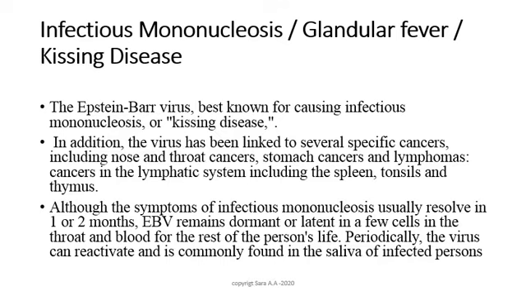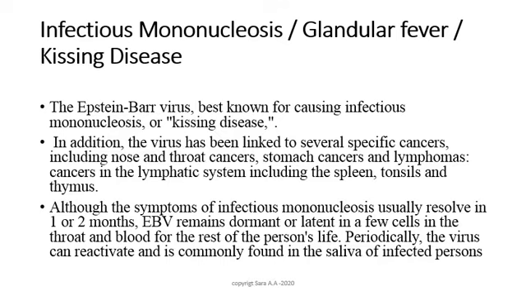The symptoms of infectious mononucleosis usually resolve in 1 or 2 months. Epstein-Barr virus remains dormant or latent in a few cells in the throat and blood for the rest of the person's life. Periodically, the virus can reactivate and is commonly found in the saliva of infected persons.